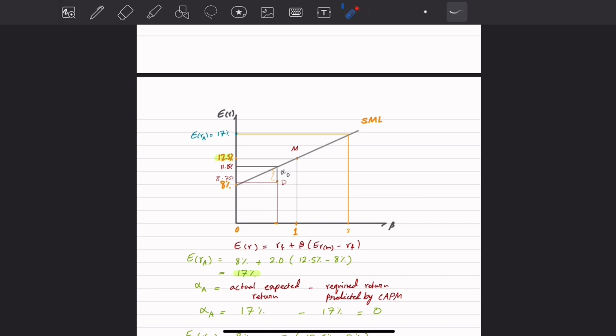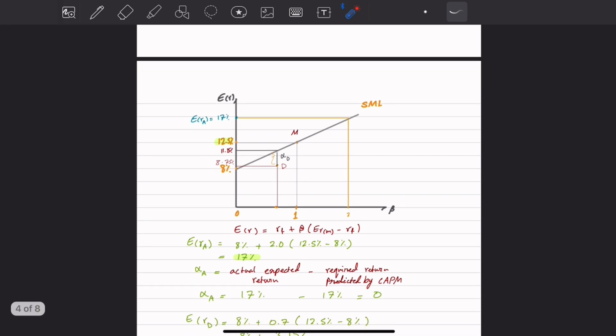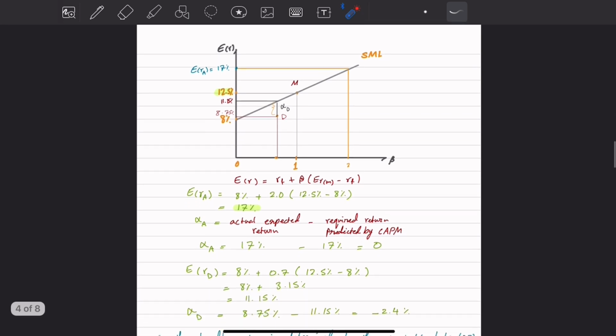And then the following requirement was to plot the two investments, the aggressive stock and the defensive stock, on the same graph. We saw that for the aggressive stock, beta equals 2 and the expected return on the aggressive stock is 17%, and we found that the stock is going to lie on the security market line, meaning that the actual return is the same as what's predicted by the capital asset pricing model.